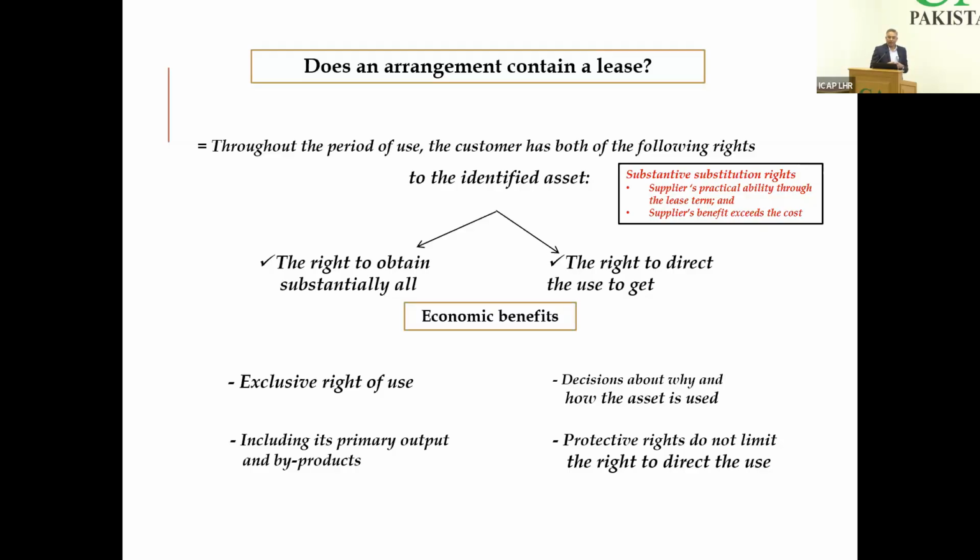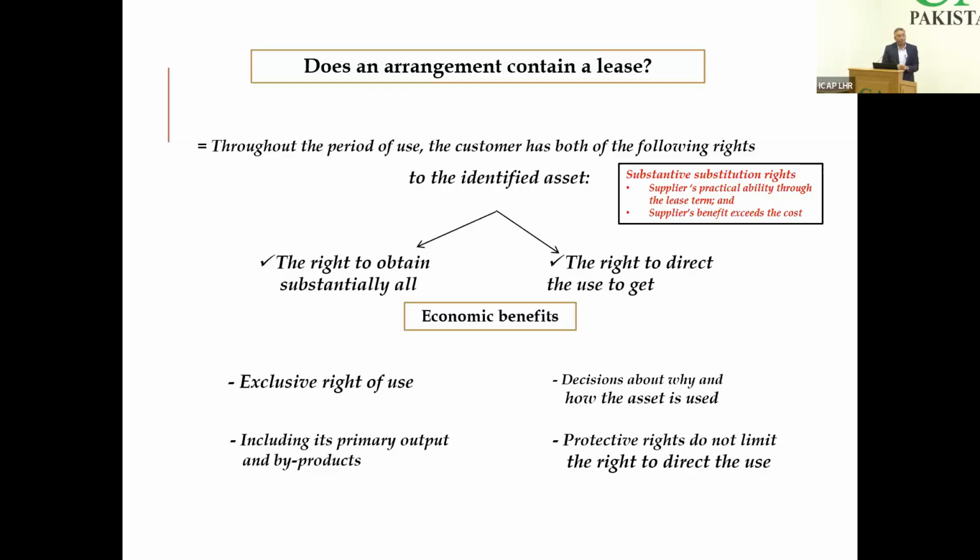So when we talk about economic benefit, how the lessee will get the economic benefit, that will be either obtained directly or by directing the lessor for the use of the asset. In both cases, we can say the lessee has a right to get benefit.